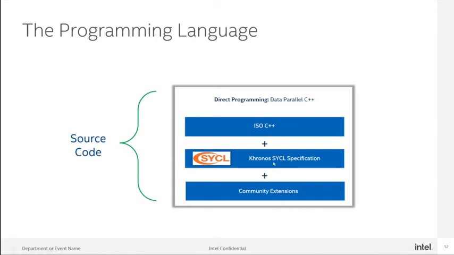So if you know SYCL, you pretty much know all of data parallel C++ except for some extensions that we have added to it. And then SYCL is based upon C++. So if you know C++, then SYCL will be pretty easy for you. It will just feel like an extra API beyond C++ itself.